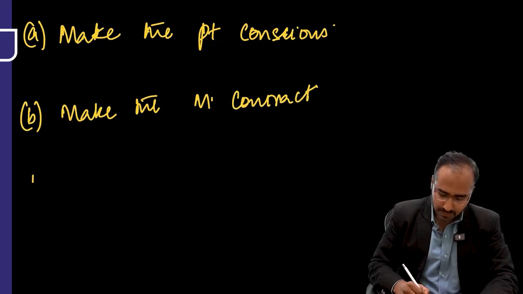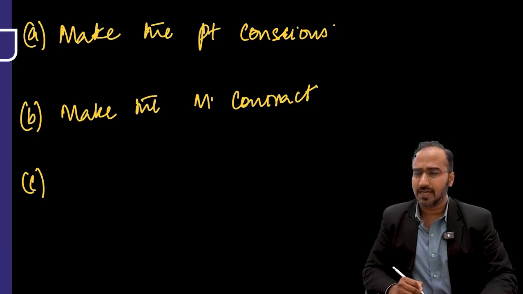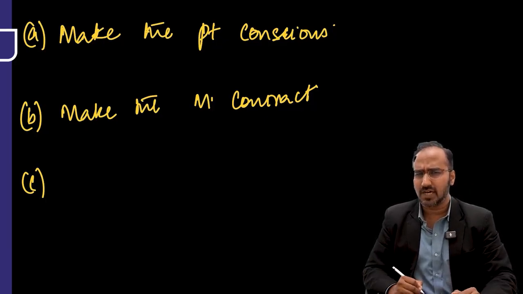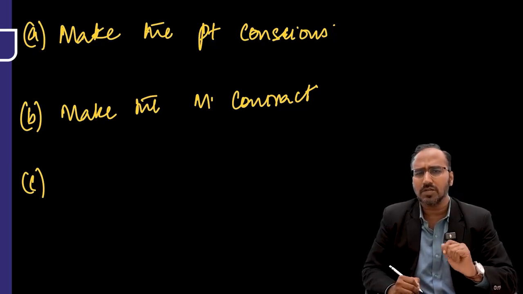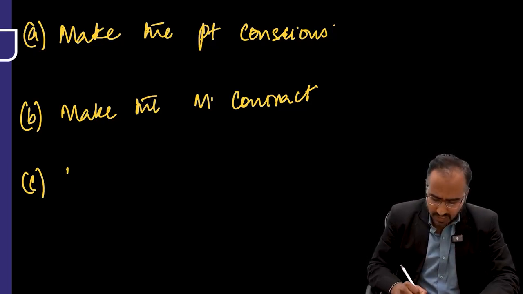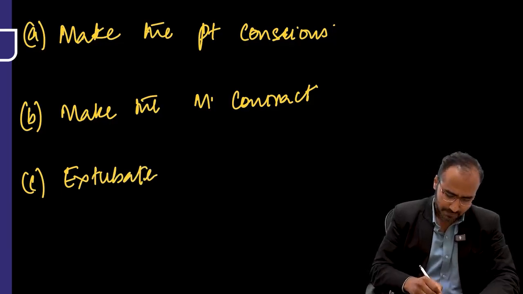And the last aim, now don't tell me, sir, I will ventilate. Why ventilate? If he is conscious, he will breathe by himself. Is there any role of the ET tube? No. So the third aim is to extubate the patient, remove the endotracheal tube.